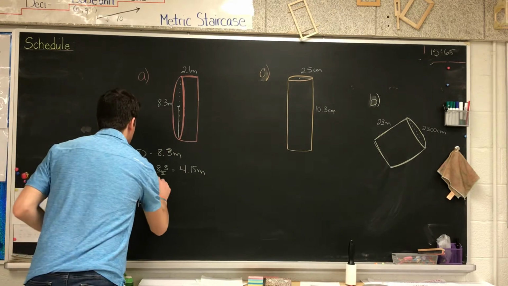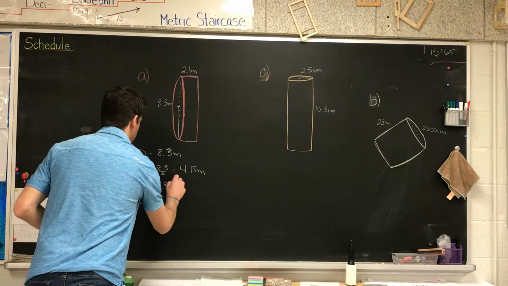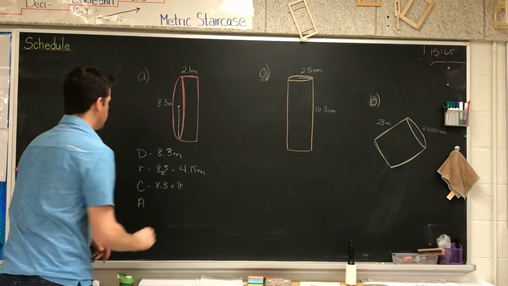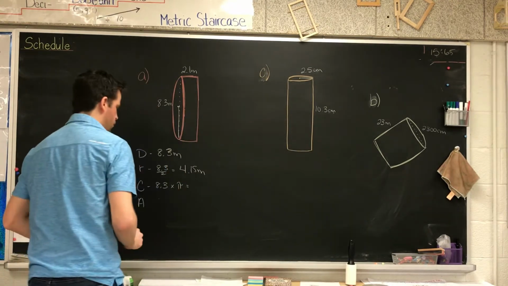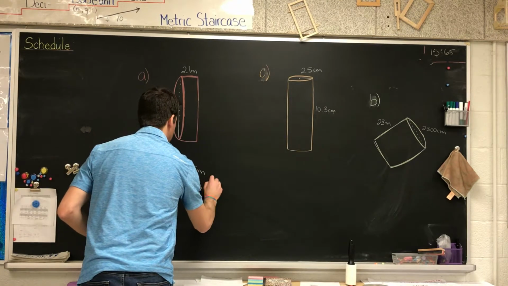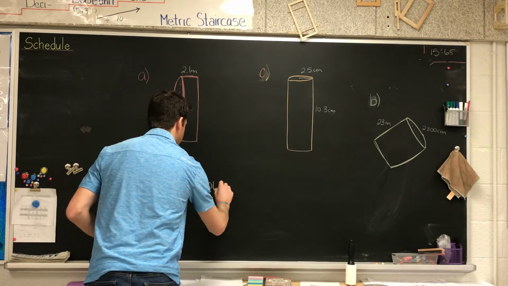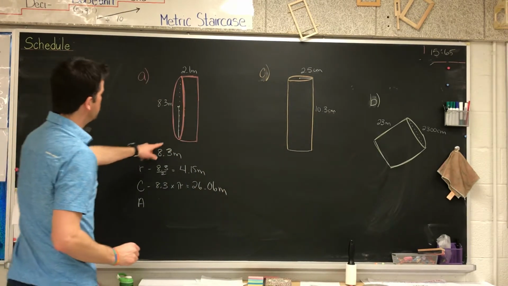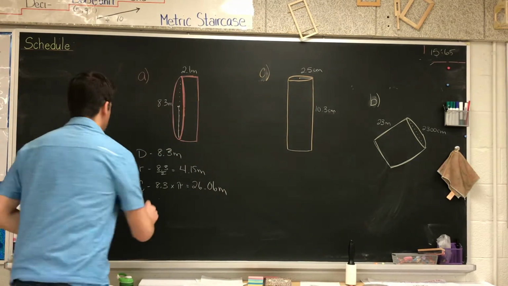So the circumference is going to be 8.3, which is the diameter, times pi, which is 3.14. And if we do that math, we get a circumference of about 26 and 6/100 meters.